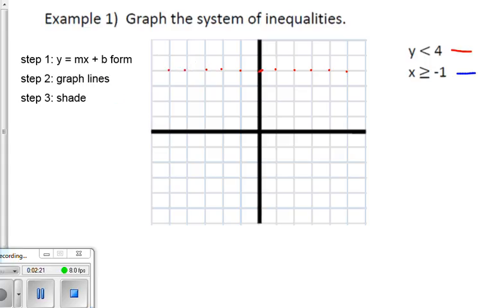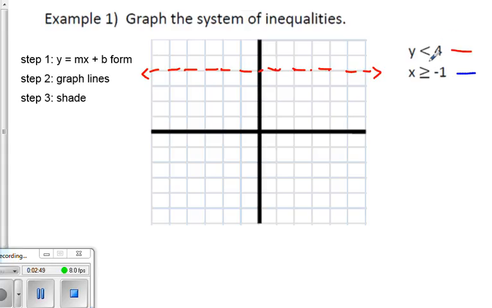Now, am I going to have a dashed line or a solid line? Because it's less than 4 and not or equal to, I need to make it a dashed line. So I would have all of these dashes going across here and continuing out that way.